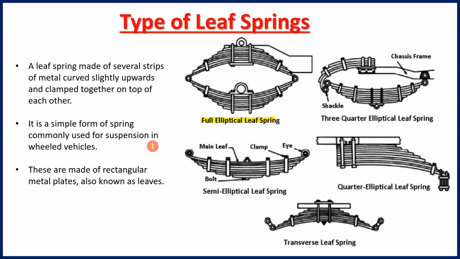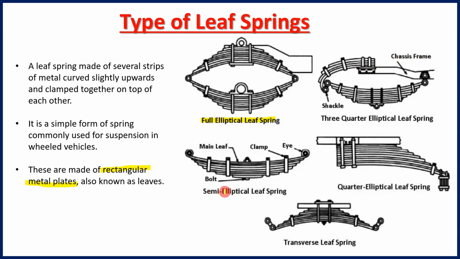The leaf spring has rectangular metal plates stacked together with the help of a bolt and nut. After that it is divided into three quarter elliptical spring, having the upper portion as the half one only, with the support of the chassis frame.